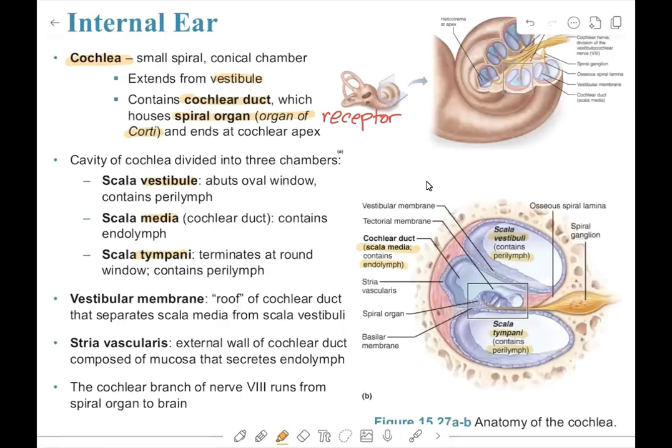It sounds kind of like lymphatic fluid, but it resembles cerebral spinal fluid. And the most important part of this for you to know is the cochlear duct, because that's where the spiral organ of Corti is actually located. And from here, the cochlear branch of the vestibular cochlear nerve runs from the spiral organ to the brain.